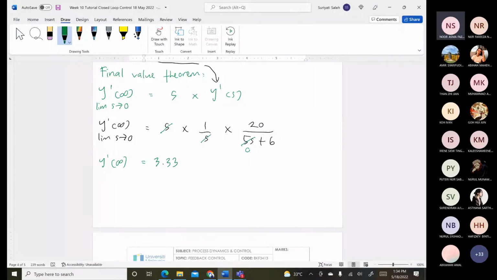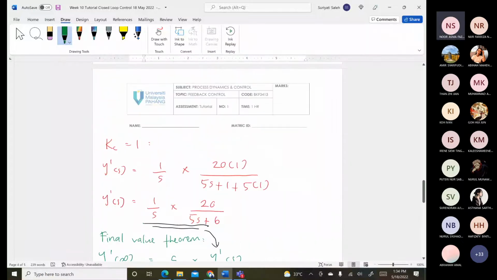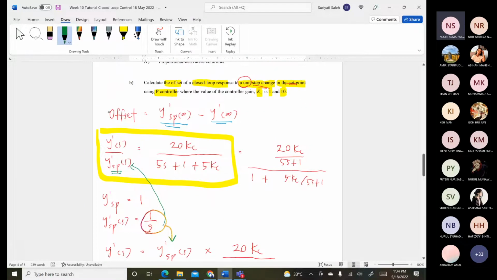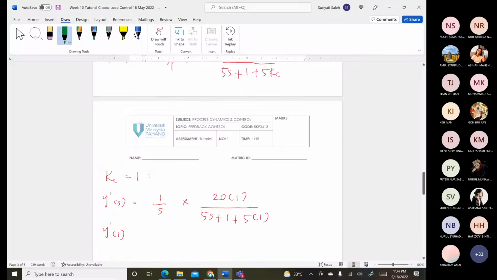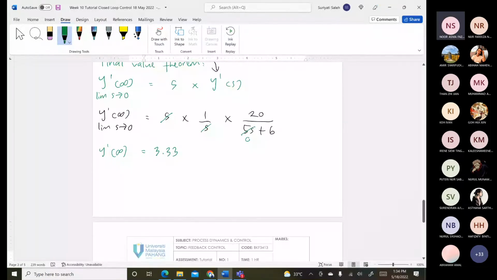So now, based on the offset calculation, offset equal to y prime sp infinity minus y prime infinity.